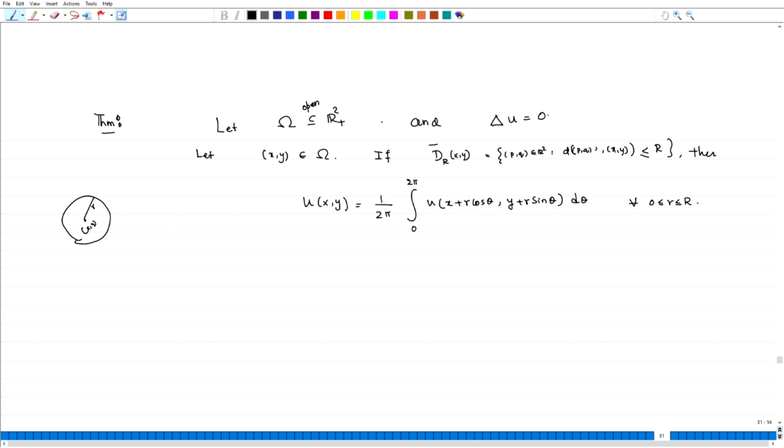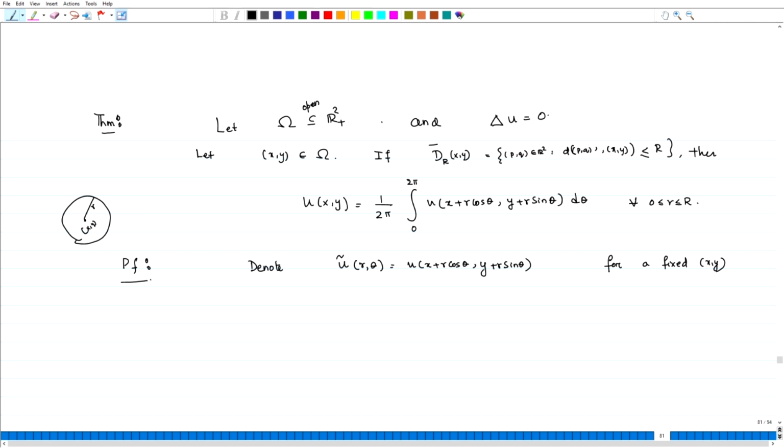So, now for the proof, let us denote u tilde of r, theta, which is equal to u of x plus r cos theta, y plus r sin theta, for each fixed x comma y. Okay.